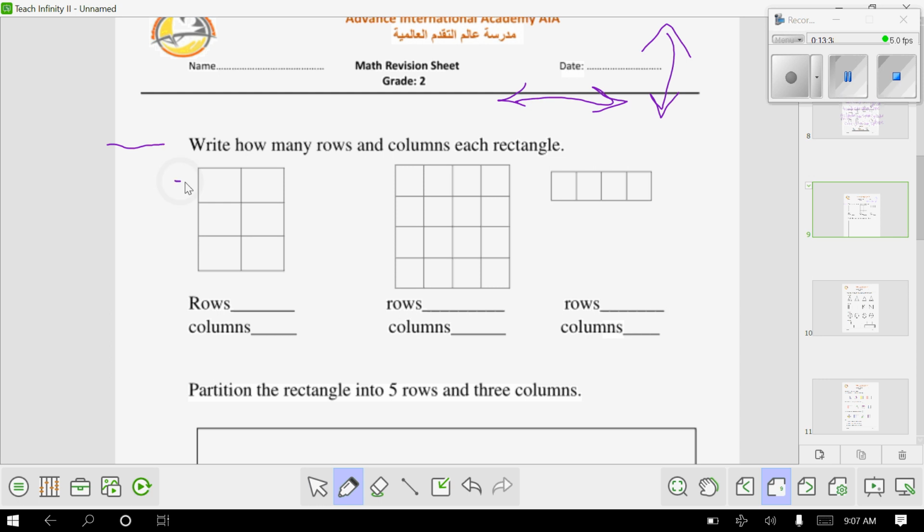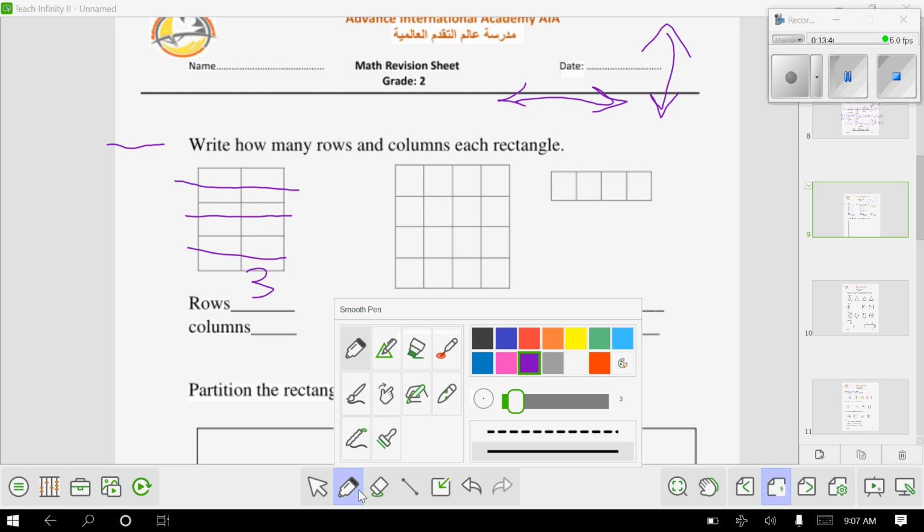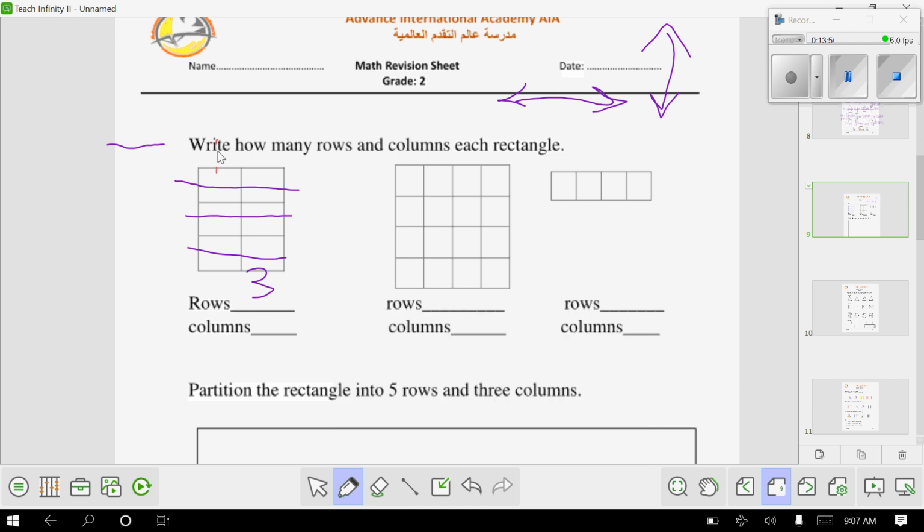So here is 1 row, 2 rows, 3 rows. Teacher told me when I'm counting the columns, I'm going up and down. So here is the first column, here is the second column. So here I have 2 columns.